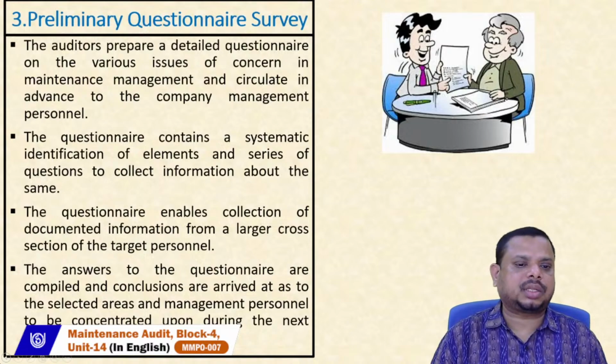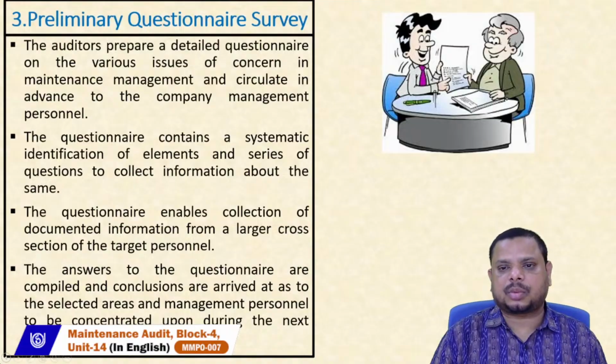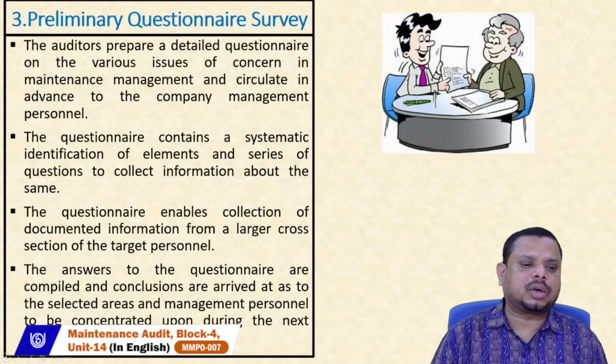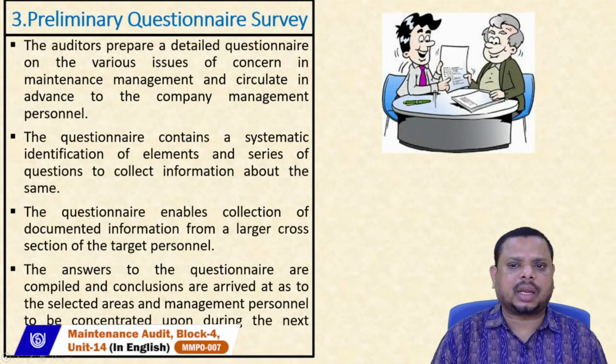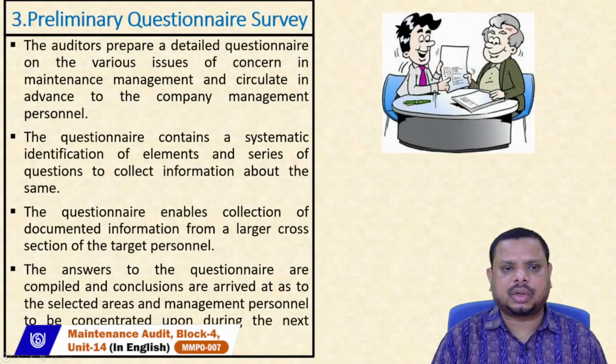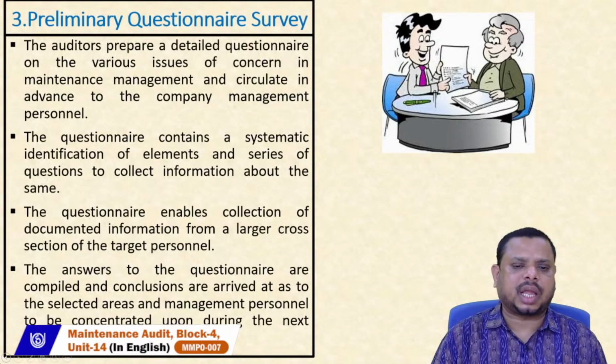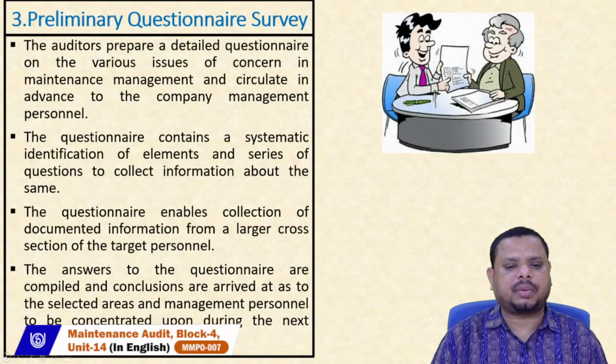The third important part is that the questionnaire enables collection of documented information from a larger cross section of the target personnel. For example, a specific department, such as quality control, may have faced large difficulties for 4 to 5 years, and during the plan and schedule, a number of questionnaires were made, and these are directly accessible to the company management personnel. The answers to the questionnaire are compiled, and conclusions are arrived at on the selected areas and management personnel to be contacted during the next steps.